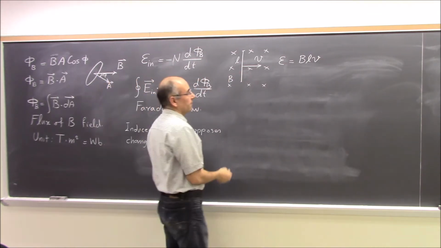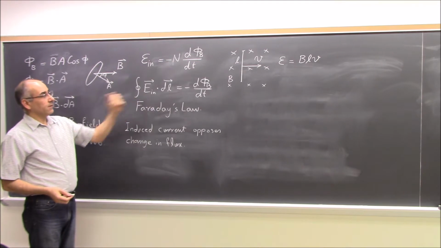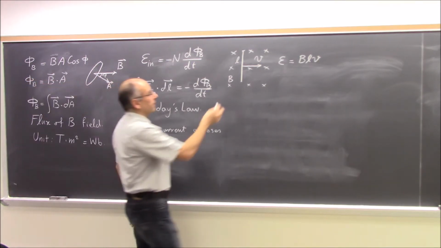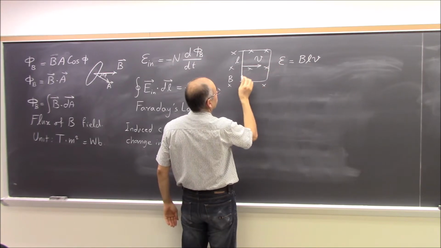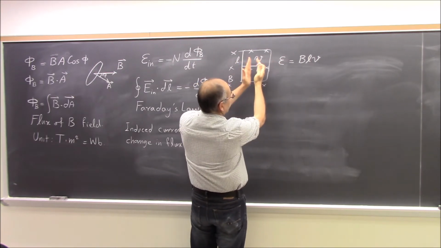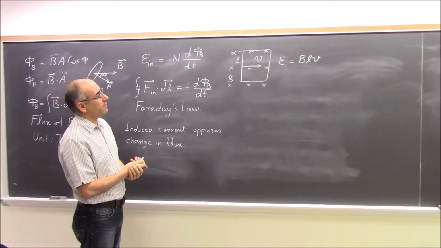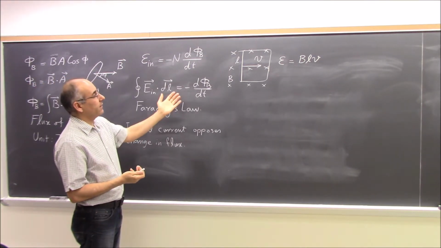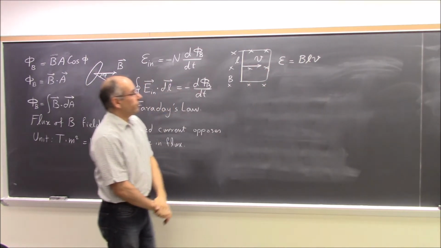This is called motional electromotive force, which is consistent with Faraday's law because you can think of it as part of a loop. When it moves, this area shrinks and the flux through that loop decreases, and therefore we expect an EMF. That EMF turns out to be BLV.